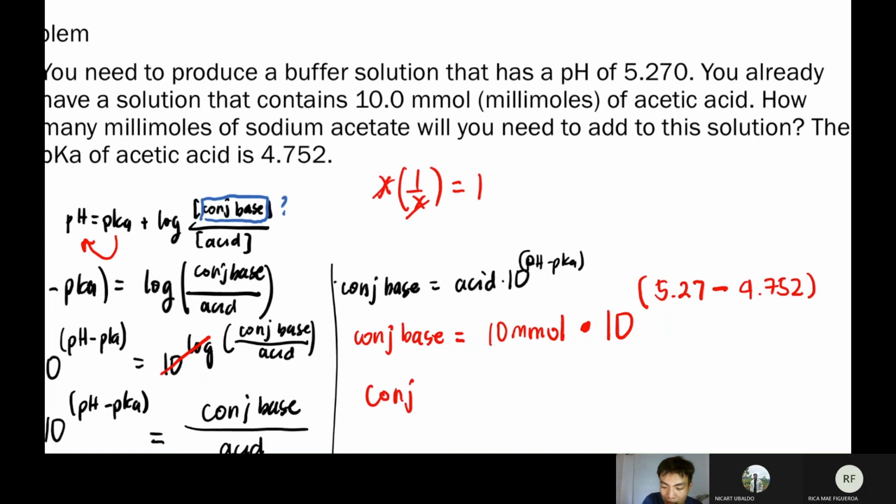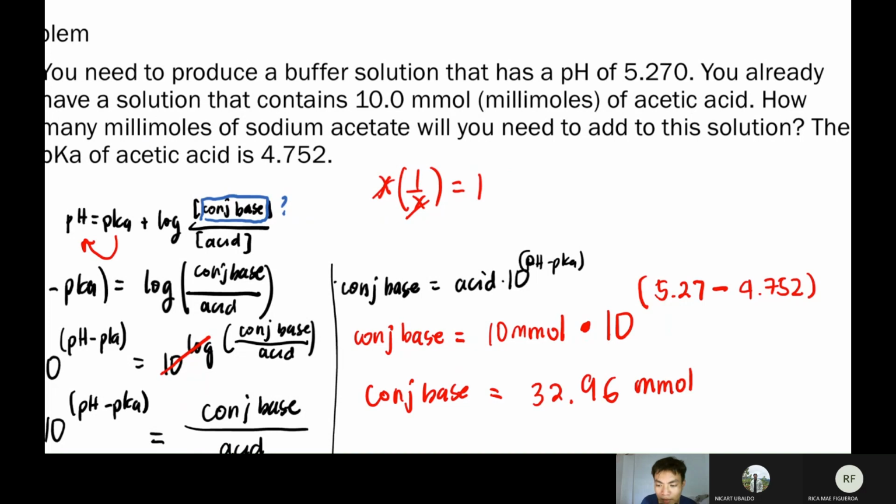So, compute lang natin. That will give us the millimole of the base needed. So, that will be 10 times 10 raised to 5.27 minus 4.752. That will be 32.96 millimoles.